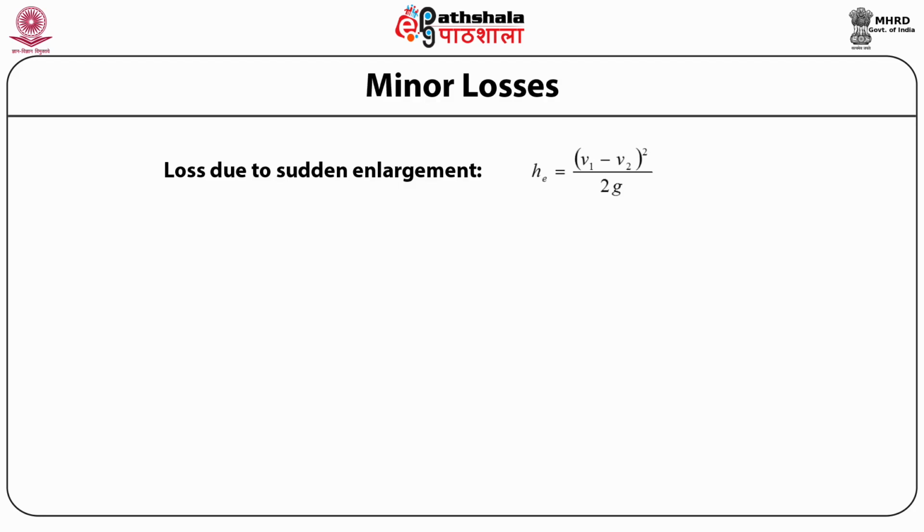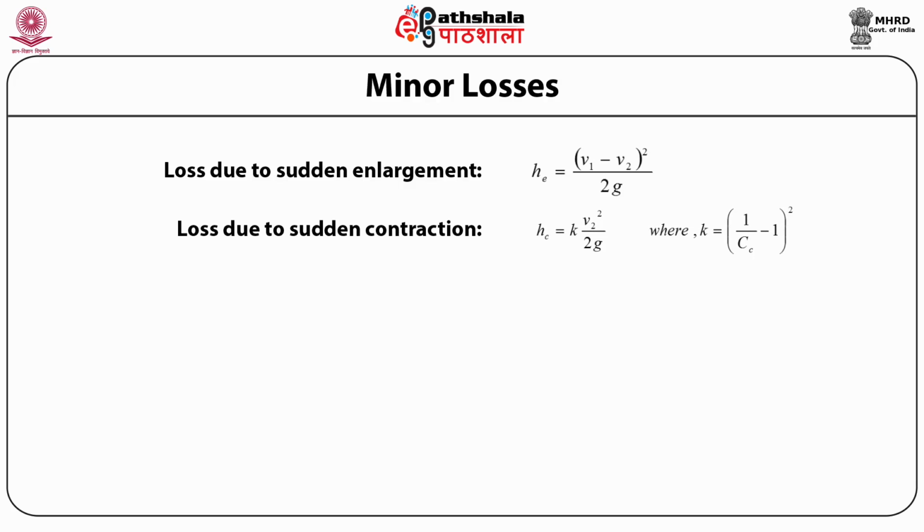Likewise, when the pipe is contracted to smaller diameter, as in the case of orifice meter, the loss will be expressed as Hc is equal to K into V2 square by 2g, where K is expressed as (1 by Cc minus 1) whole to the power 2. Here, Cc is called coefficient of contraction. The value of K varies from 0.5 to 0.7.